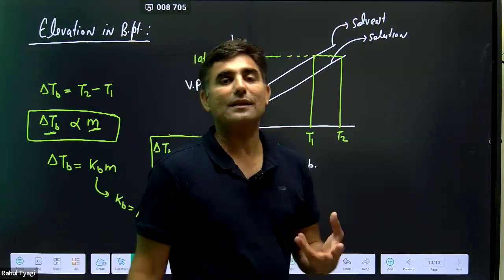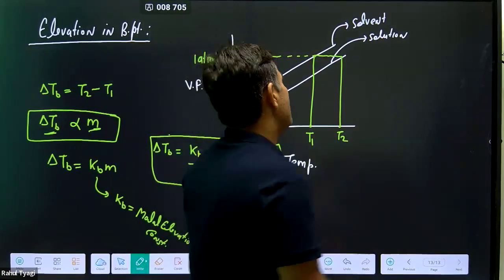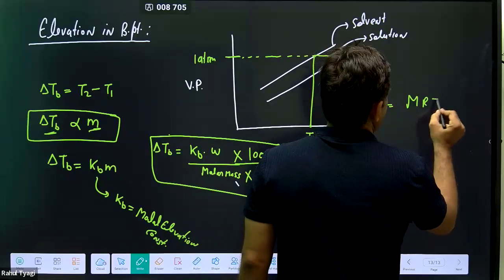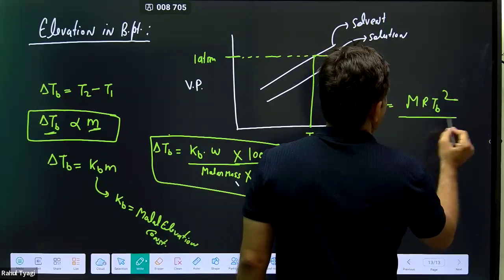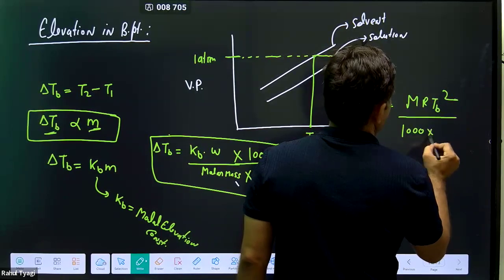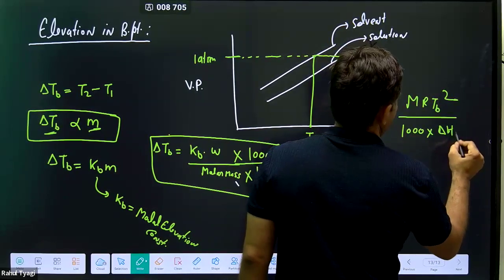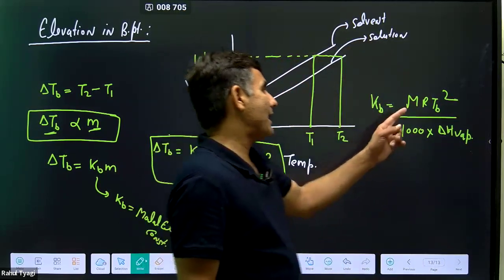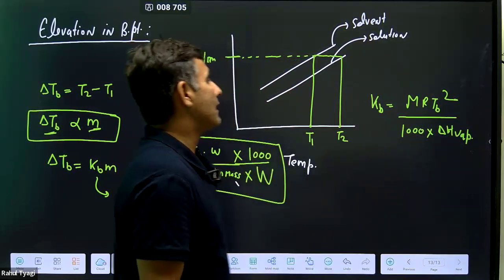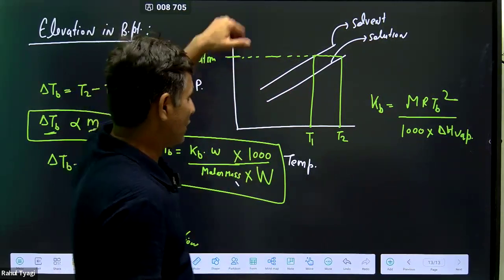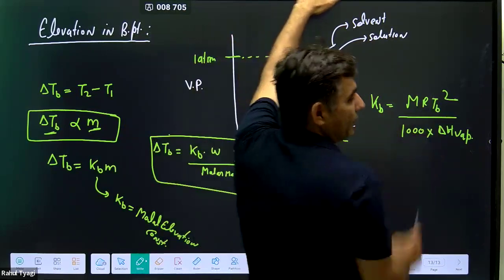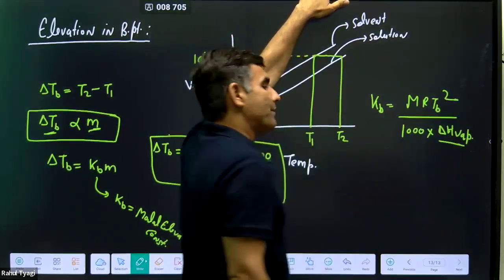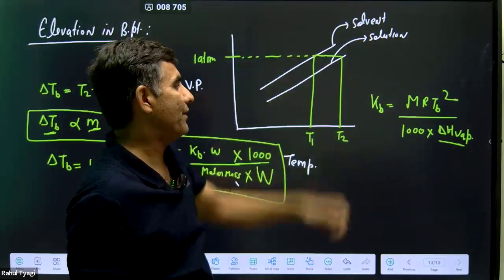Now try to understand the nature of Kb. Kb is equal to M R TB square divided by 1000 into delta H of vaporization, where M denotes the molar mass of solvent, TB denotes the boiling point of solvent, and delta H of vaporization means enthalpy of vaporization.